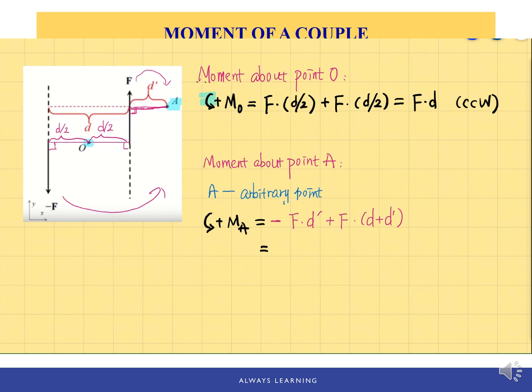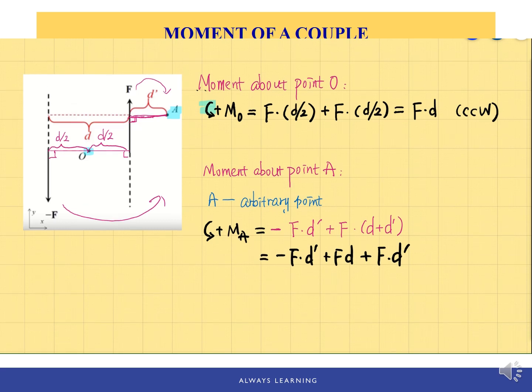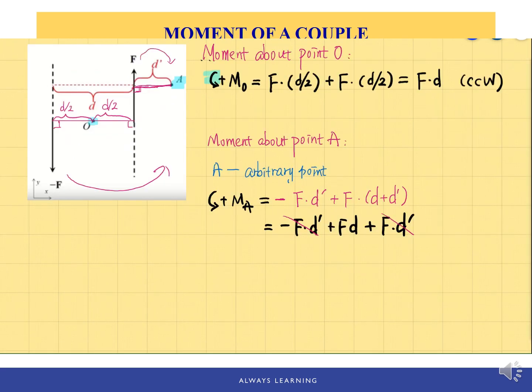We rearrange this equation or simplify it, and we will find that F times d prime actually cancels out. The result will again be F times d.